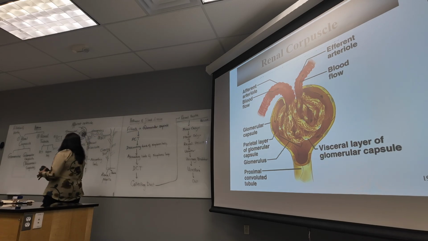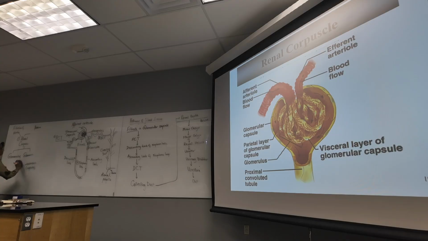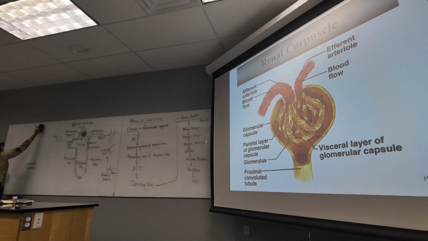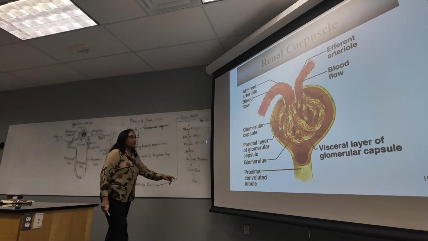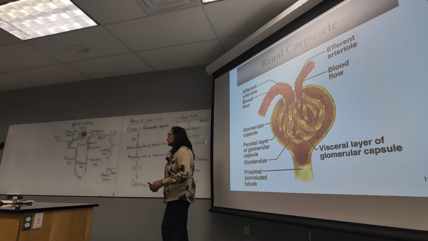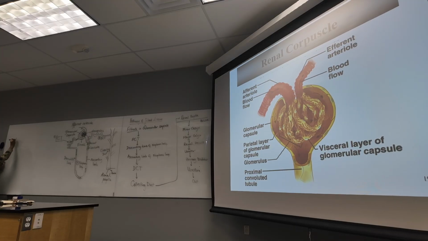So let's do it here. Instead of drawing this whole cup like that, we'll do it this way. So let's draw the Bowman's cup. It's a double-walled cup, so there is a little space where the liquid can collect.